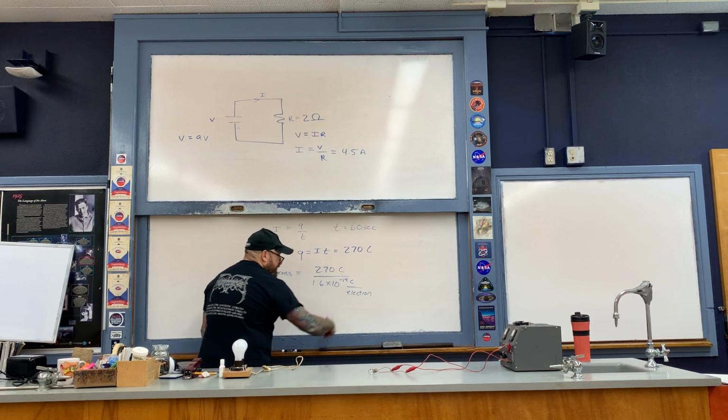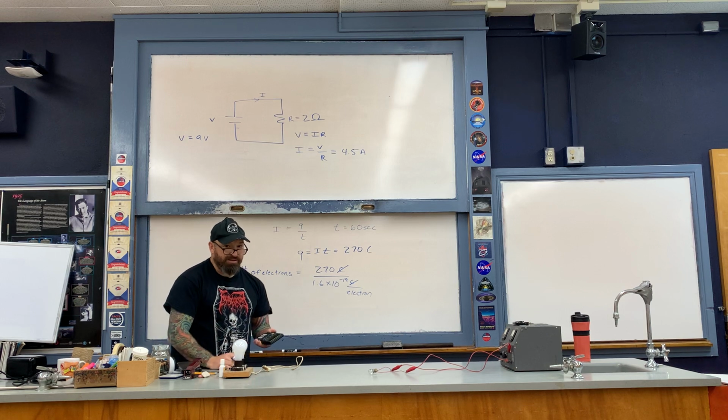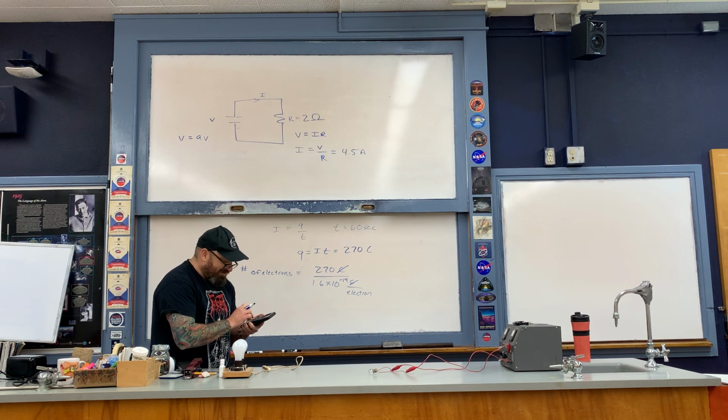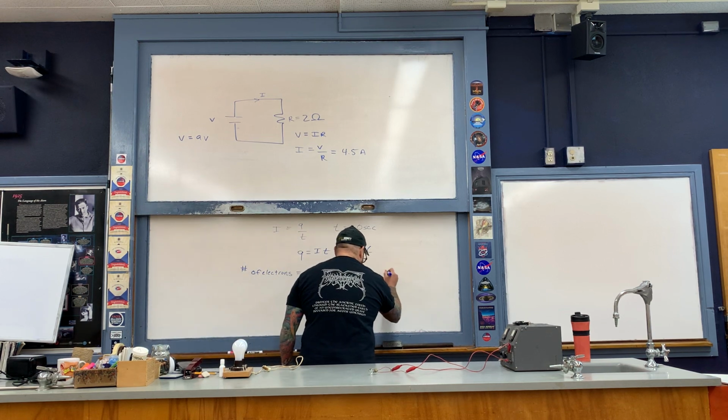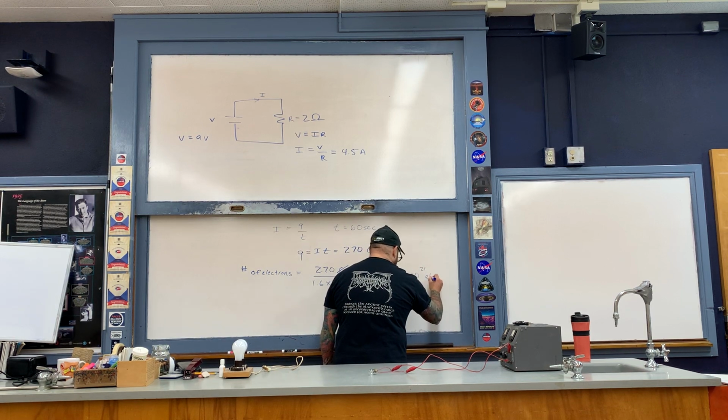Like so. So notice that the coulombs here cancels, and then we'll end up with a number of electrons. As you're going to see, it's going to be quite large. So divided by 1.6 times 10 to the minus 19, and this comes out to be about 1.7 or so, I'll round it off a little bit, times 10 to the 21 electrons.